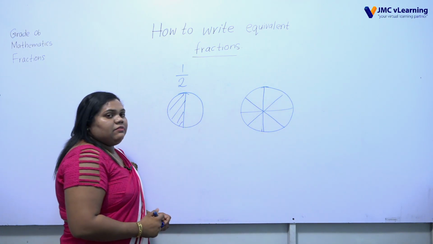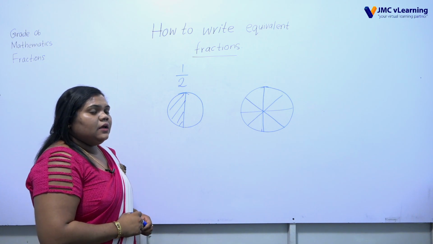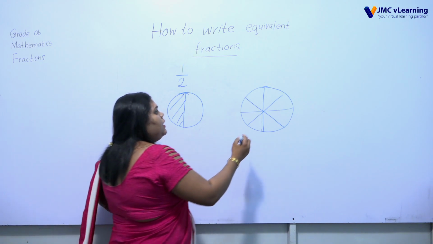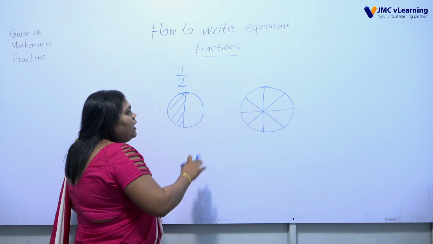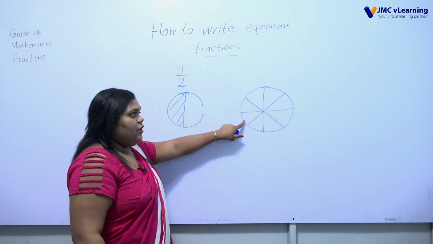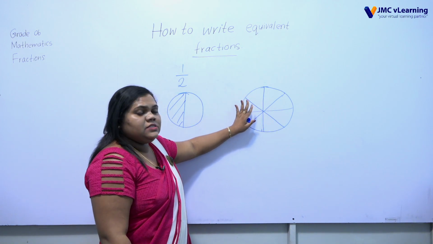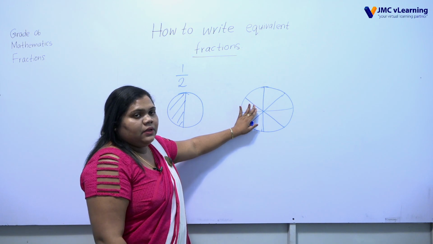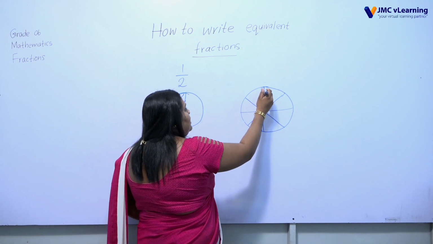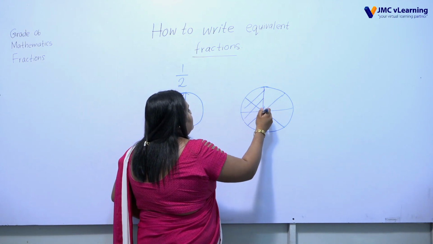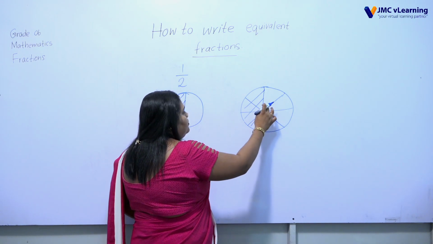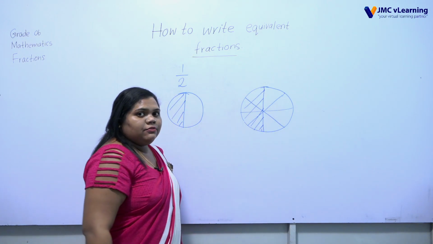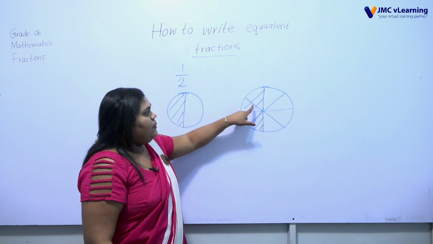Okay, now I divided this into 8 equal parts. So now I want to color half of it. I want to color half of this shape. So I have to color this side. No, I want to color this half. So how many parts are there?